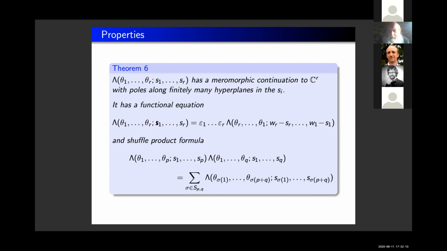If you take these R variables s1 up to sR and switch the order and flip them, w_R minus s_R up to w_1 minus s_1, then you get this functional equation. And also there's a shuffle product formula. So if you multiply two such mixed L functions, they are a sum of other mixed L functions. So they form an algebra.